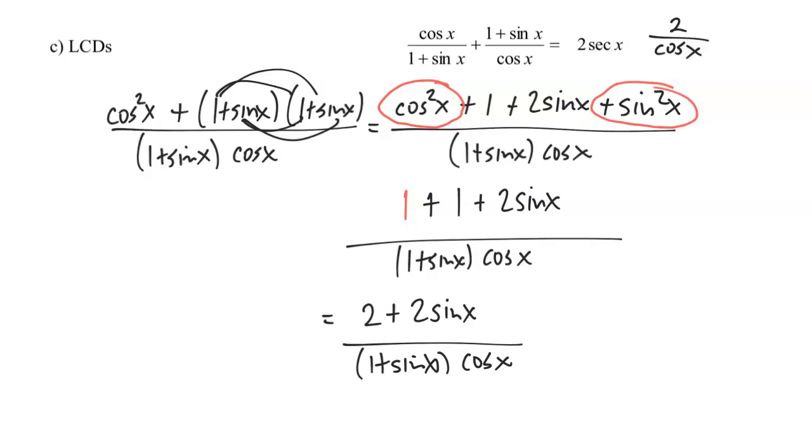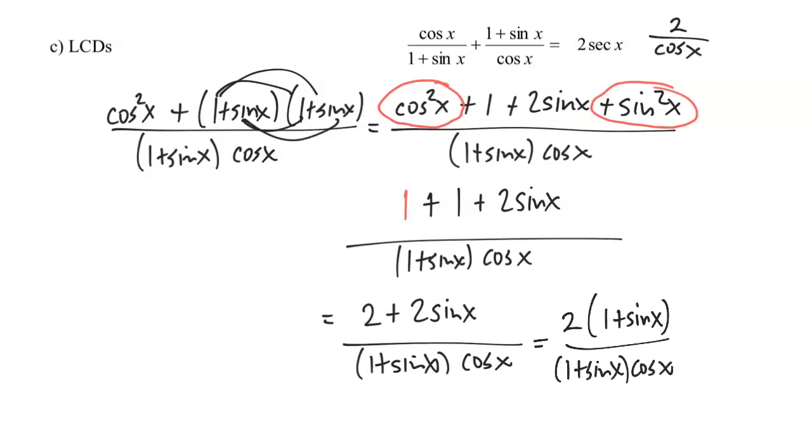And again, keeping in mind that target, I know I'm trying to somehow get this to cancel out, and I'm trying to be left with a 2 in the numerator. And so what I'm going to see now is that in the numerator, I'm going to be able to factor out a 2, which will leave me with 1 plus sine x. And that's going to be divided by my LCD.